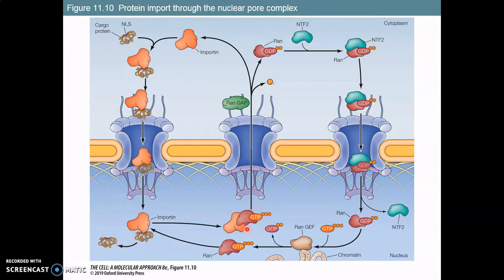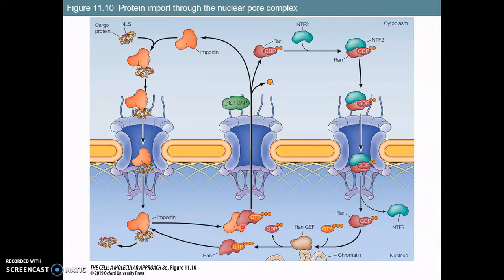Now, this importin RAN-GTP complex gets transported back out through, and in this case, we have both RAN and importin, which can recognize the nucleoporin, allowing it to pass out through. Okay, so once it has passed out through, it will come into contact with this thing called RAN-GAP, or GTPase activating protein.